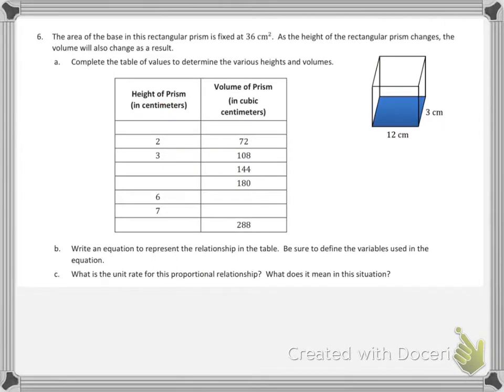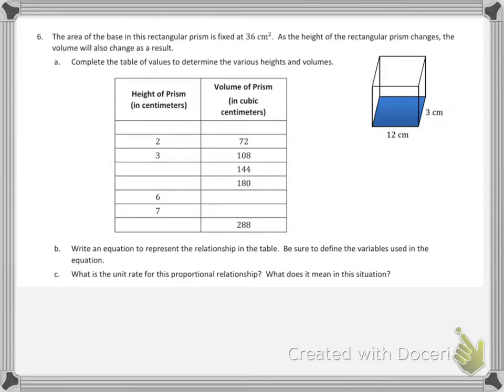Number 6, the area of the base in this rectangular prism is 36 square centimeters, 12 times 3. As the height of the rectangular prism changes, the volume will also change as a result. Complete the table to determine the various heights and volumes.